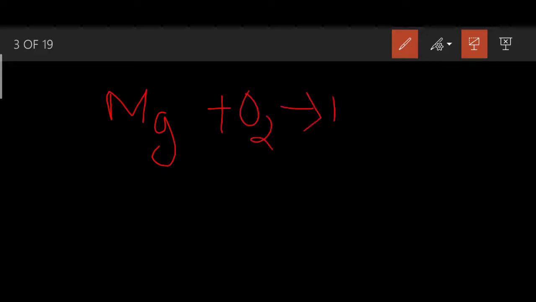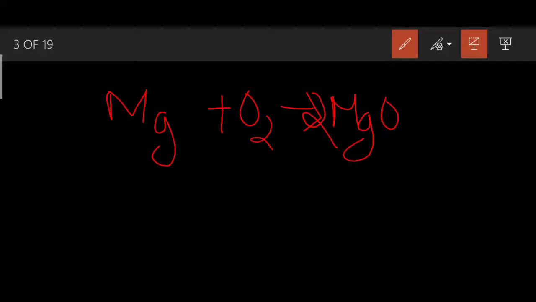So guys, I'm going to write the full equation. Mg plus O2 gives MgO. Now for balancing it, I will count the number of moles present. Mg is 1, O2 is 2, but O is 1 over there. So I am going to put 2 over here.